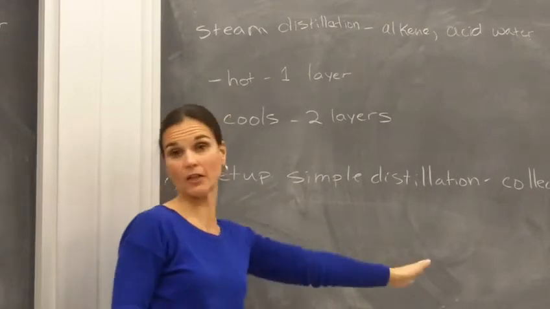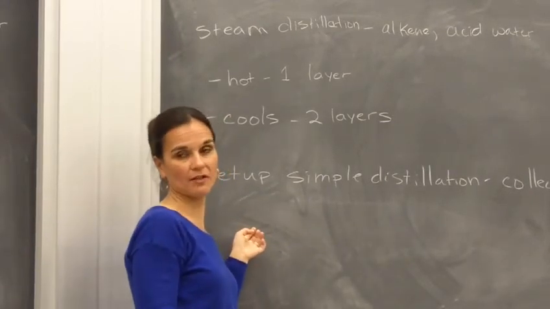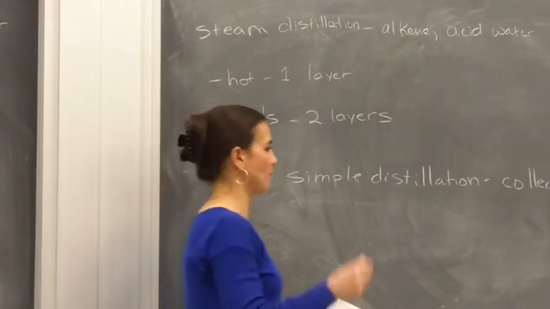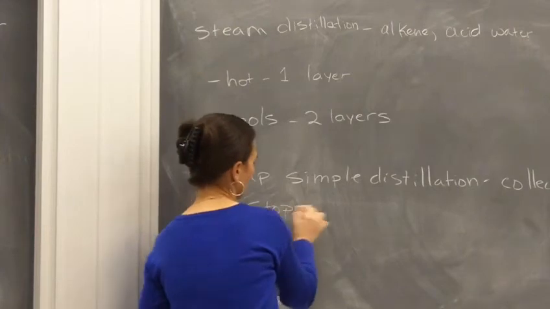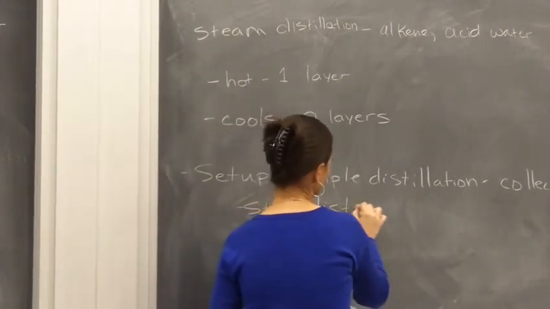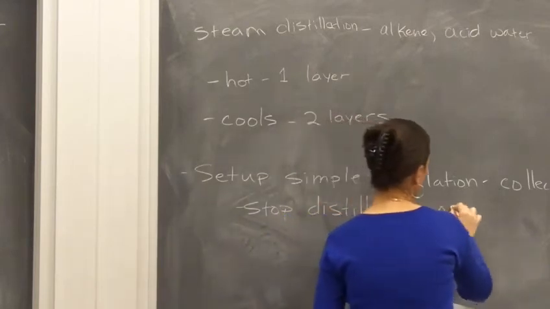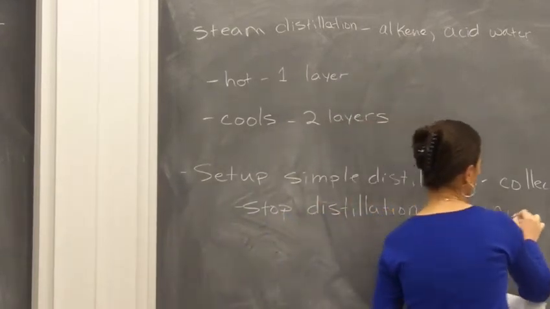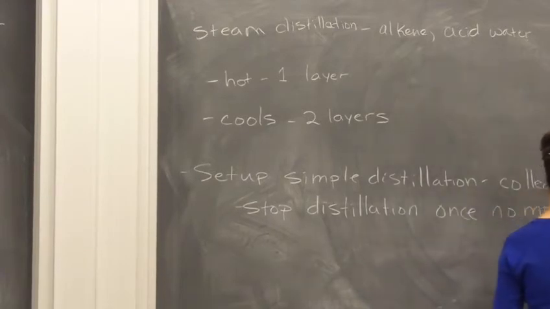You are not distilling all of that over for this experiment. You're just distilling until you stop growing that organic layer. So you're going to stop the distillation once no more organic layer is being collected.